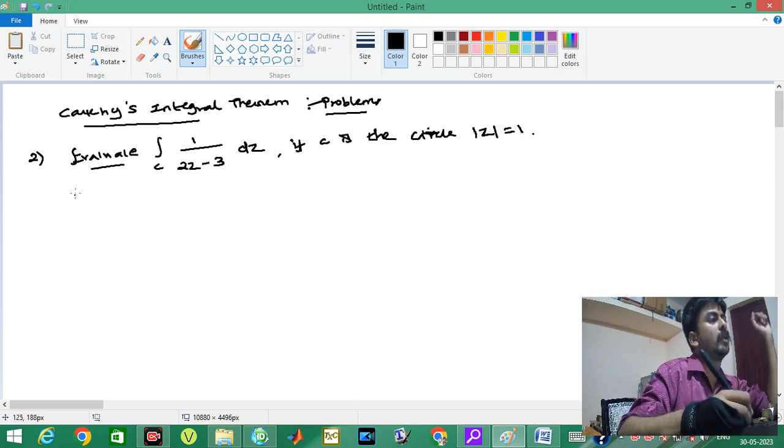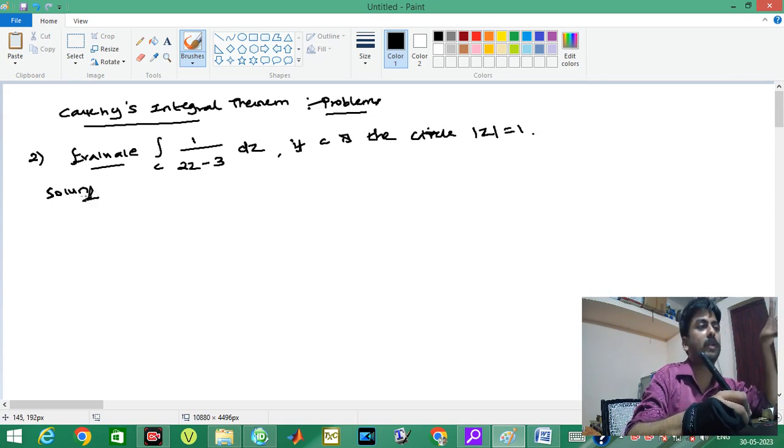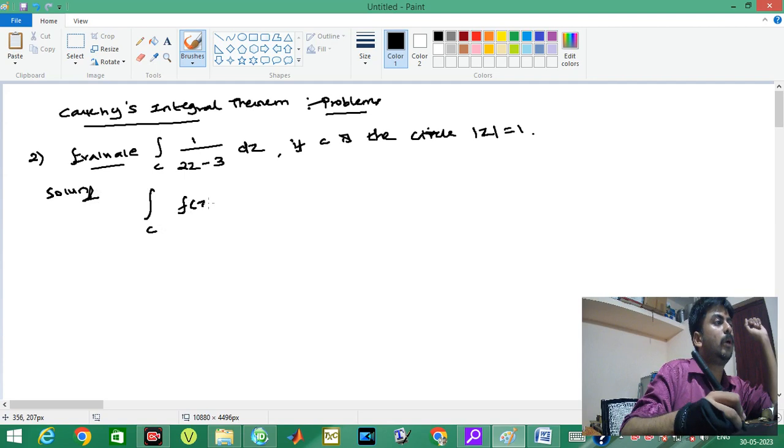So now we are going to see the solution. In the previous case I explained a problem in much detail, but see what is necessary for the marks. Listen: integral over C f of z dz equals integral over C, what is f of z?